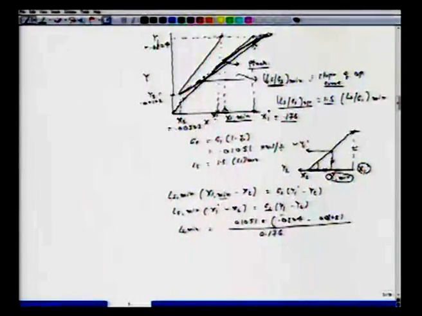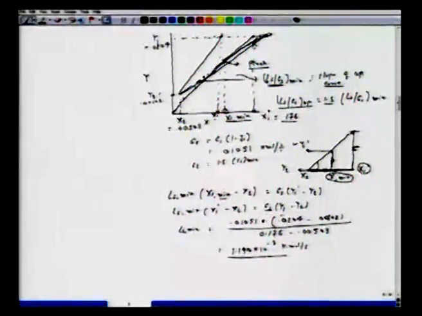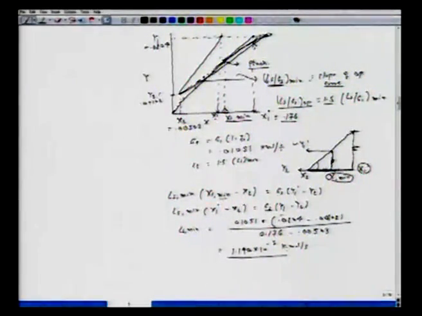So we are trying to find out the height of this segment divided by the entire segment, which will give the same result for the slope if you go by this. So it's up to your choice. 0.176 minus 0.00503, which is x2. If you calculate, you will get 1.190 times 10 to the power minus 3 kilomole per second. So this is the minimum amount of solvent required for the present conditions.